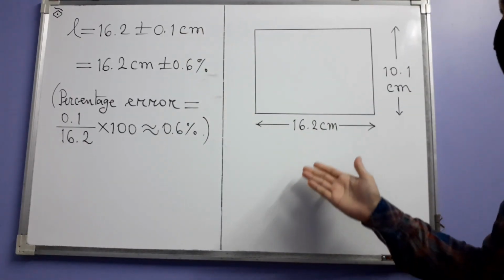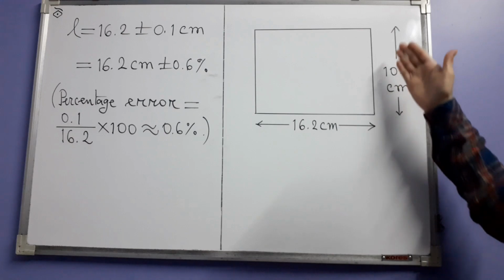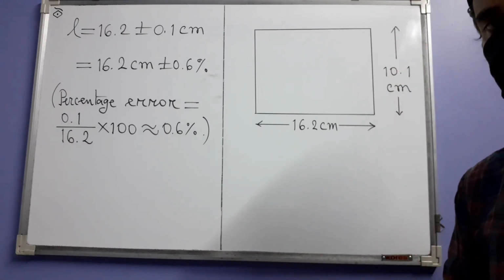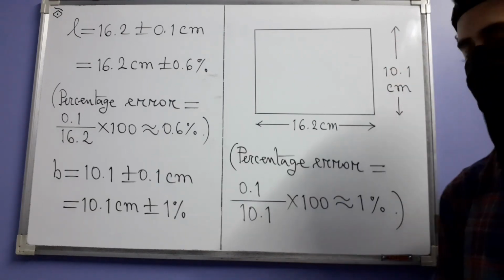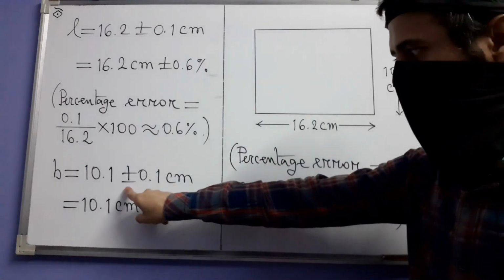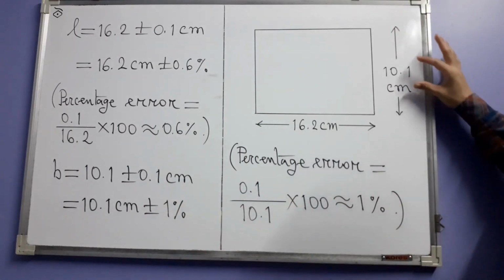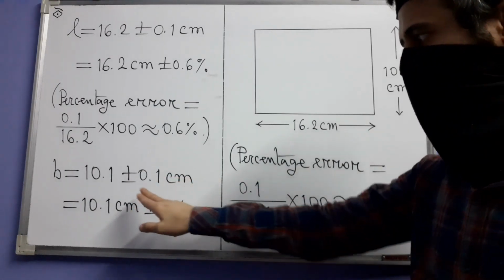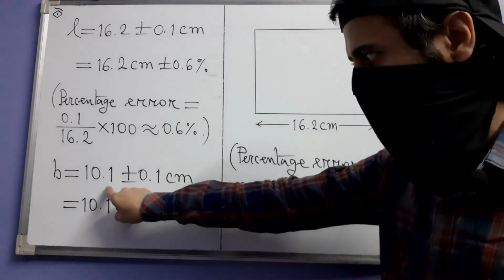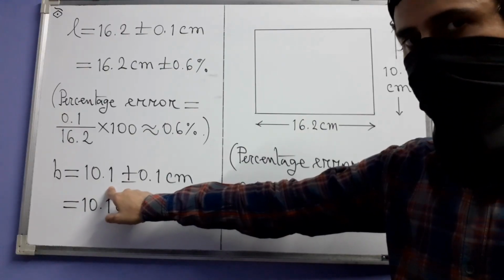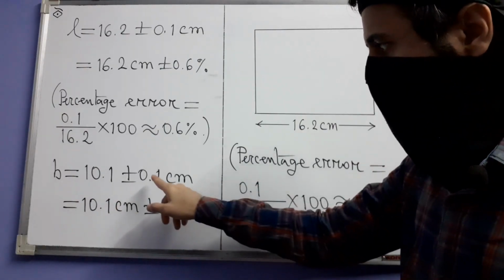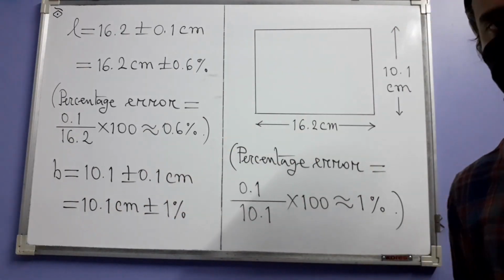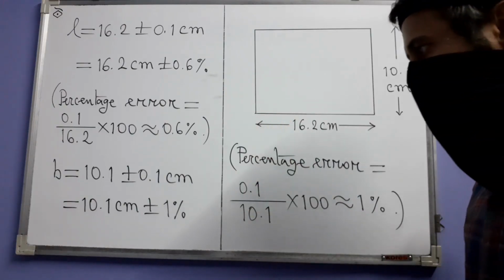So let us also see how much error the breadth value also contains. Similarly, the breadth is this. Originally it's 10.1, but to show its error, we have also written here, because this last digit lies in this location, plus or minus 0.1 centimeter, just like the previous one.